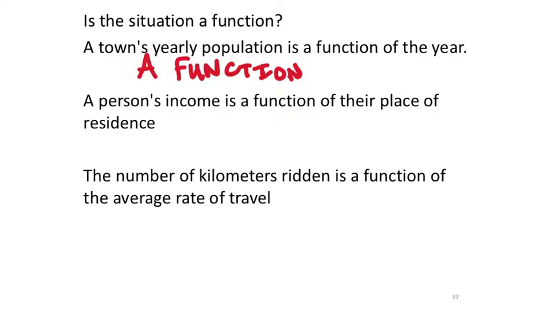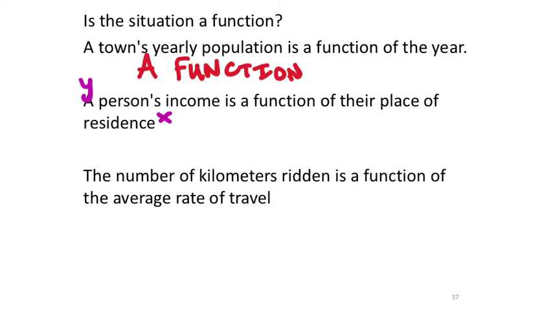What about a person's income is a function of their place of residence? So on this one, I'm going to specify: a person's income, that's the output, right? The person's income is the output or the y, and then their place of residence is the x. So if you see a place of residence, would you expect the income to be different?